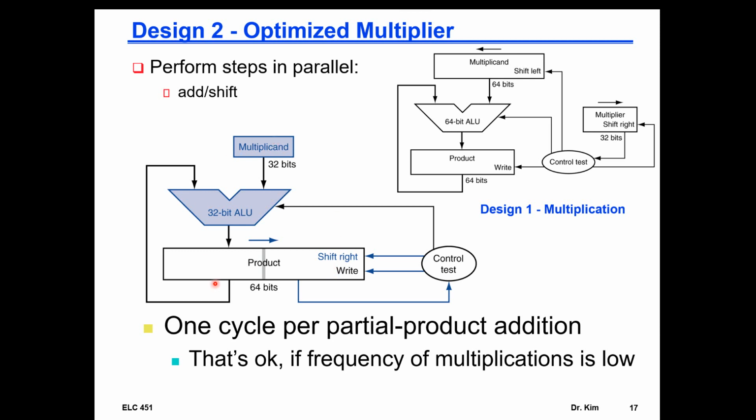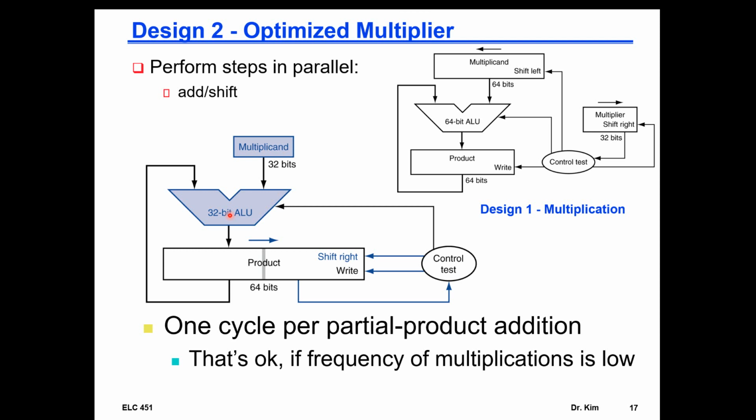So in this architecture, we start with the multiplicand in this register, and we start with the multiplier in the lower 32 bits of the product register. So we saved already that we don't have this register, so that's a savings. And the other big savings is that instead of a 64-bit adder, I have a 32-bit adder here.